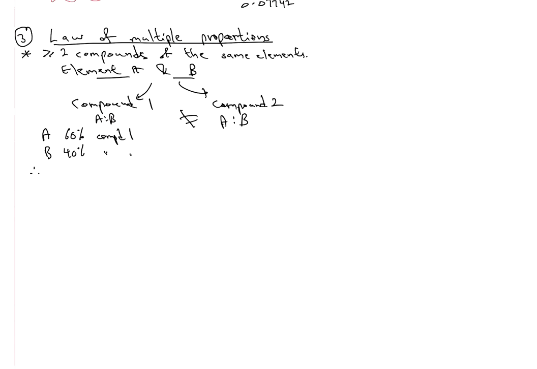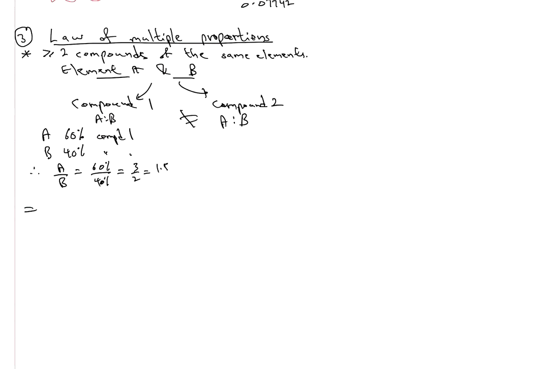Therefore, if I take a ratio of A to B, which will be 60% upon 40%, it will turn out to be 6 by 4 or 3 by 2 or 1.5.